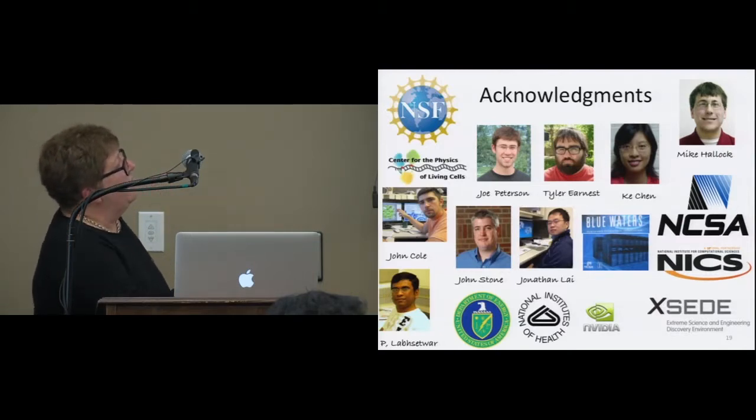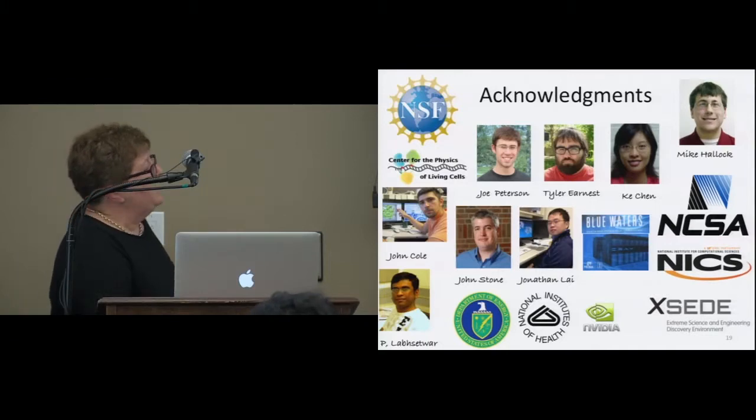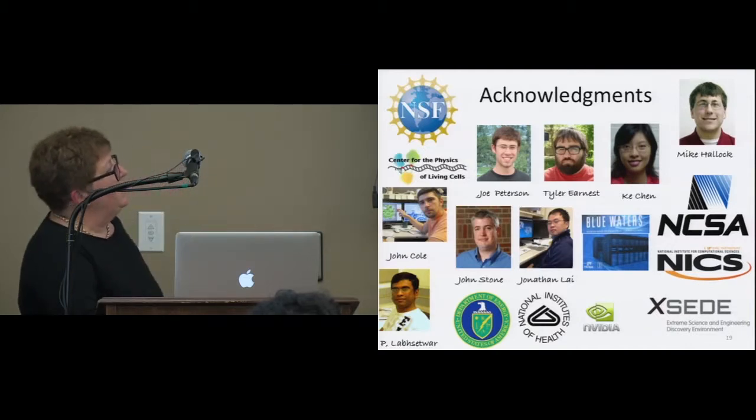These students are also helping with the transfer, and Kei Chen was a very fearless postdoc who really drove this one in particular to do this whole network, and it really made us go to larger systems, a larger number of equations, and made us think about how to change it. And of course, our visualization and getting our code onto these GPUs was helped enormously by John Stone and John Cole, and there are experts on systems biology and connecting it to the metabolic network.